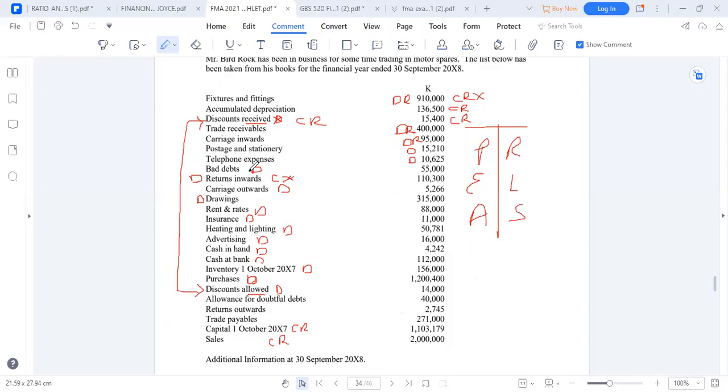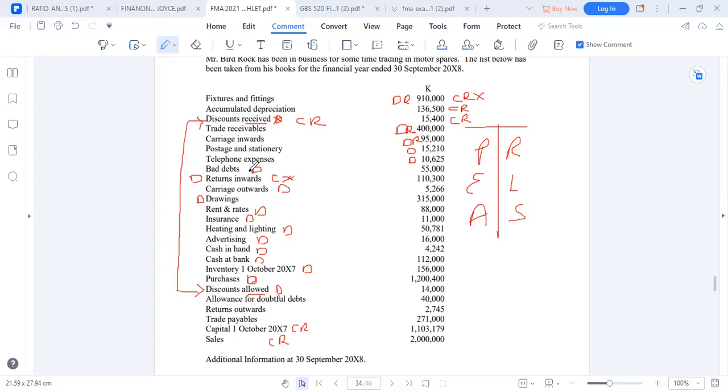Why are they both debited? It's because they are both expenses. Yes, they're both expenses, except that one is an expense to purchasing, that's why we add it to the purchases. The other one is an expense to sales and distribution.